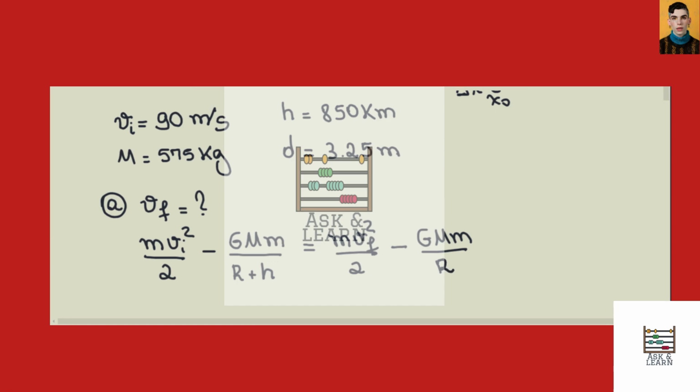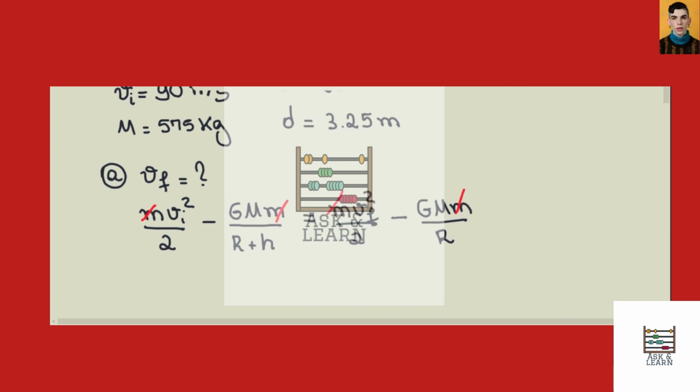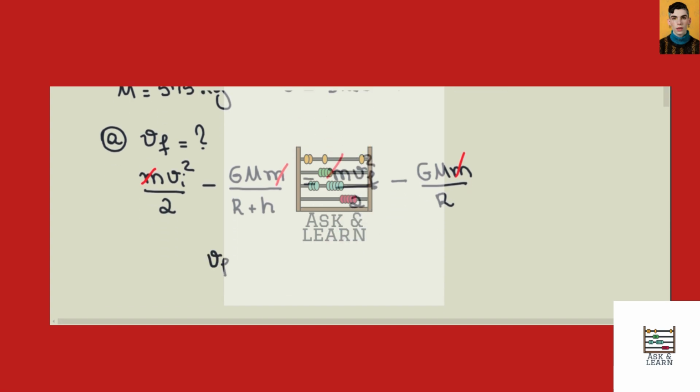Okay, so the m's cancel out, and our goal is to find Vf. So Vf squared over 2 is Vi squared over 2 plus G M times 1 over R minus 1 over R plus H.